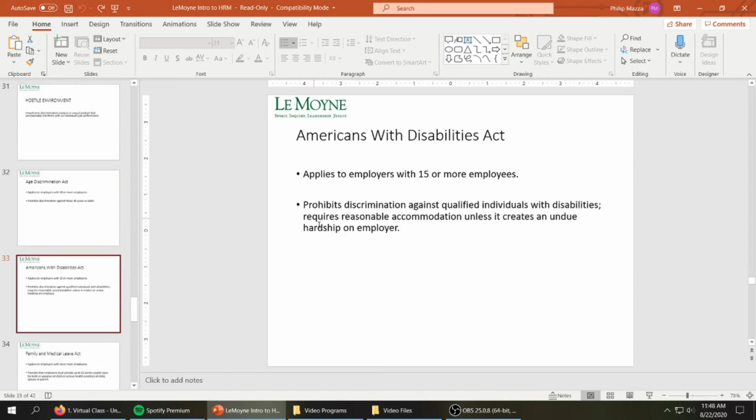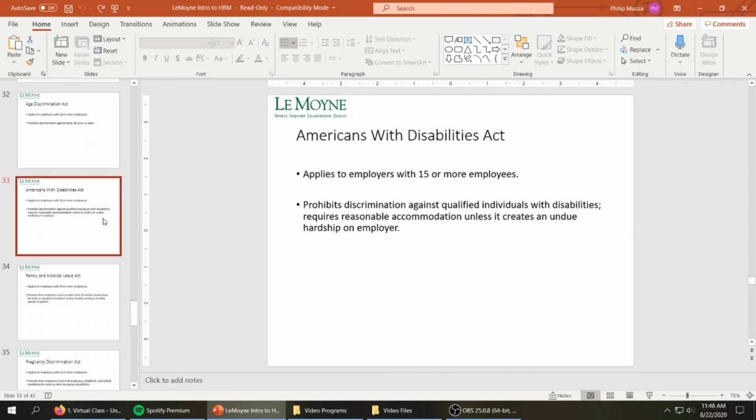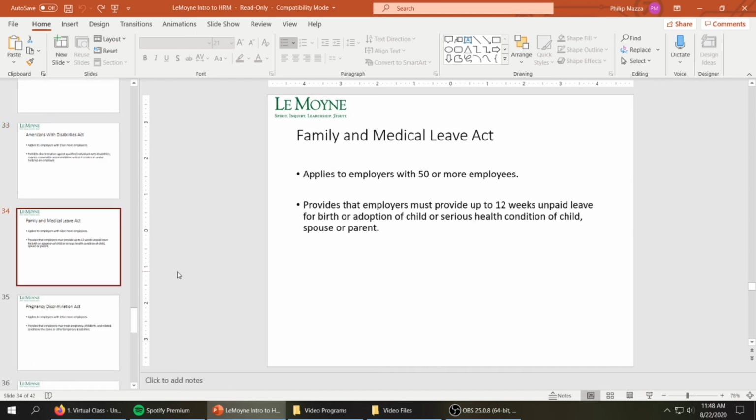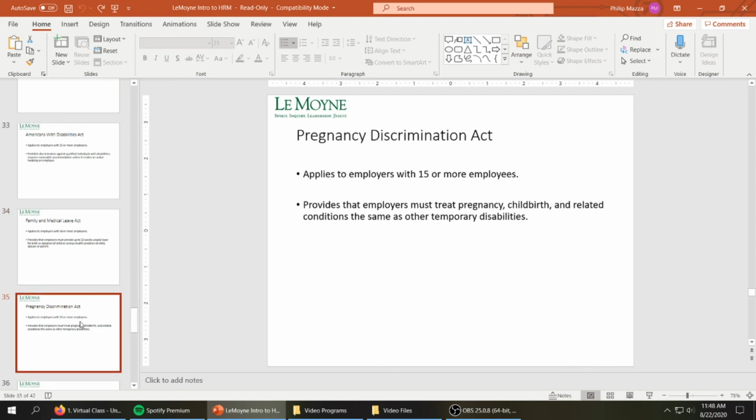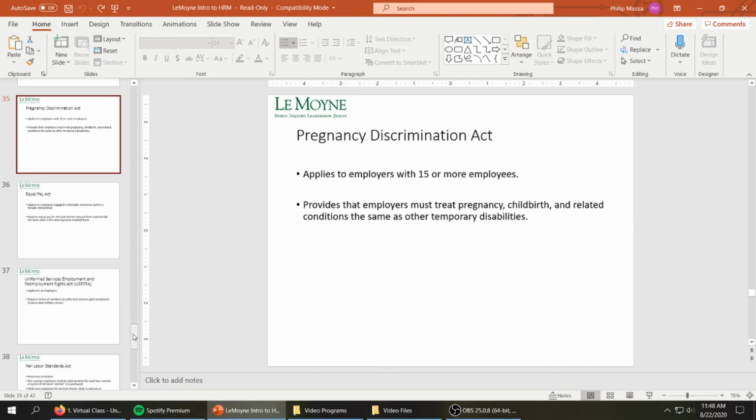The Americans with Disabilities Act applies to employers with 15 or more employees, and you'll see the definition here. The Family Medical Leave Act applies to employers of 50 or more employees, and you'll see its application here. Pregnancy Discrimination Act, 15 or more employees.